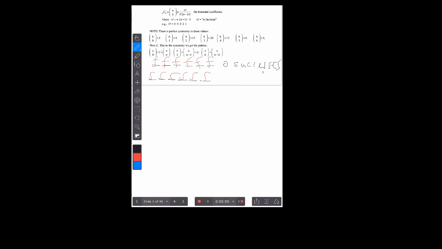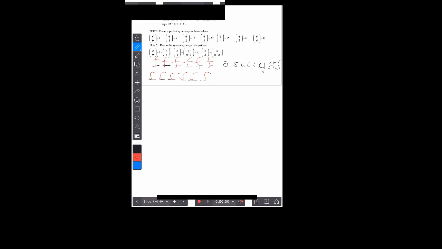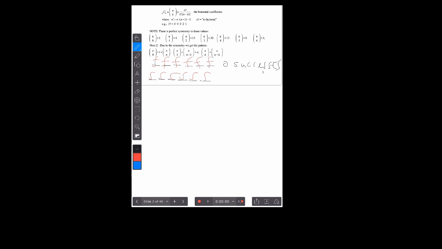There's only one way. Even if I move them around, they still look like S's. This is 6 successes out of 6, and it's also 1. So there's symmetry in the coefficient. The conclusion is that n choose 0 and n choose n will always be 1, no matter what the n is.